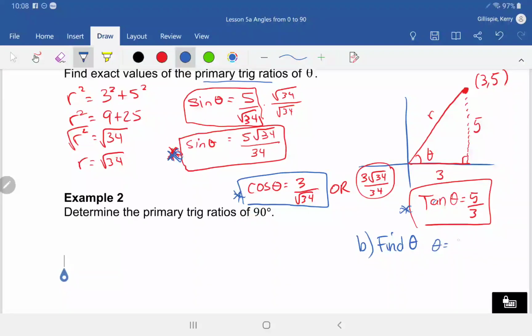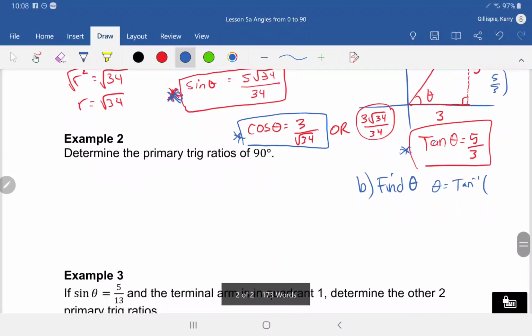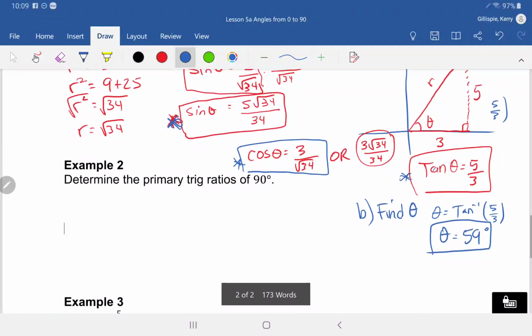Let's do theta equals the tan inverse of 5/3. And then we'll have an actual solution for what theta equals in this case, which is 59 degrees. Again, that question didn't really ask it, but I wanted to show you how to solve for it if you needed to.